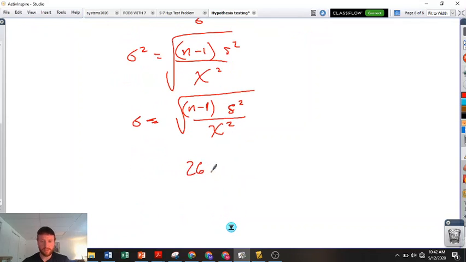So what if we do 26 times 0.17 squared divided by 38.89? So relative to this curve, we got 0.019.